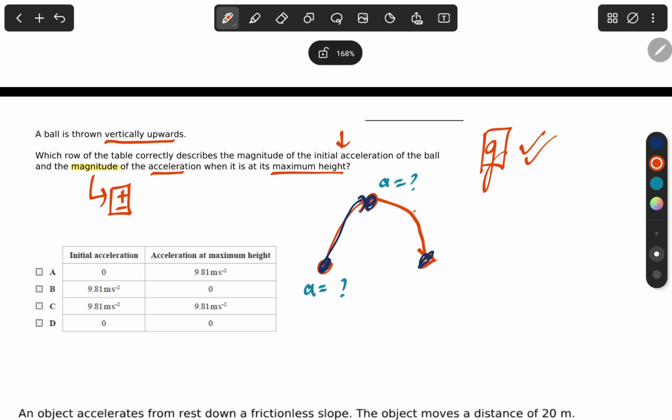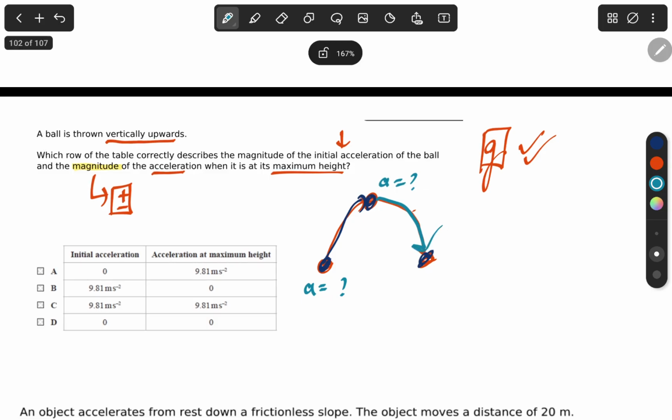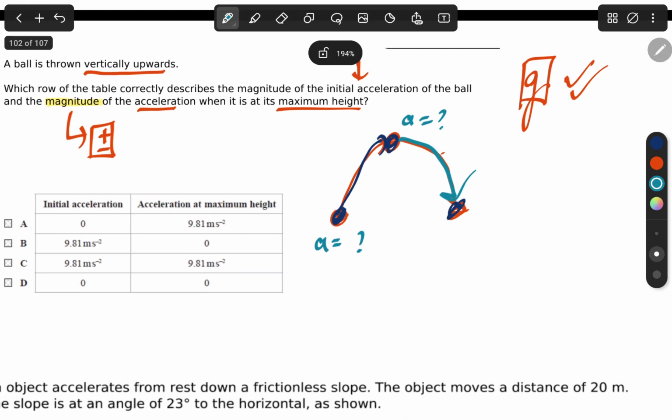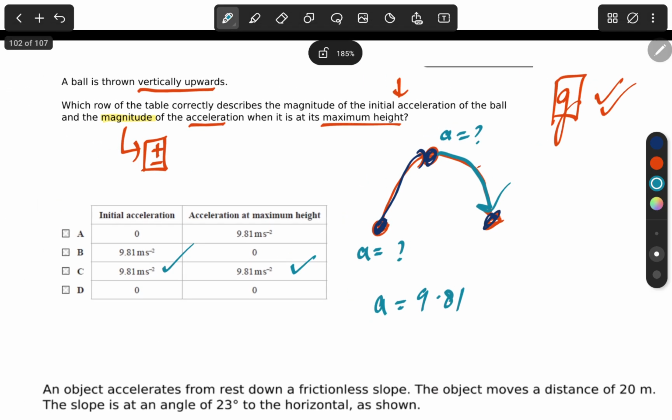You can stop and gravity will still act on you. Sir, how do you know it acts? Because it falls down then as well, right? That's proof that gravity is acting. So a is always 9.81. So the answer is initial acceleration is 9.81, and at max height the acceleration is 9.81. That isn't changing at all. Okay, so answer is C.